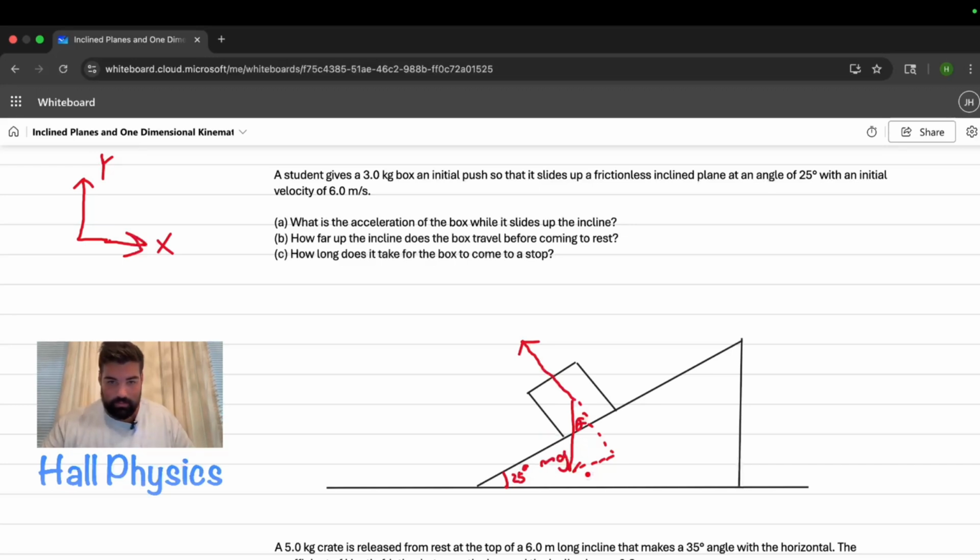All right, so this will be mg sine theta. And this will be mg cosine theta. And we also have one more force. That's going to be the gravitational force pulling the box down the ramp.